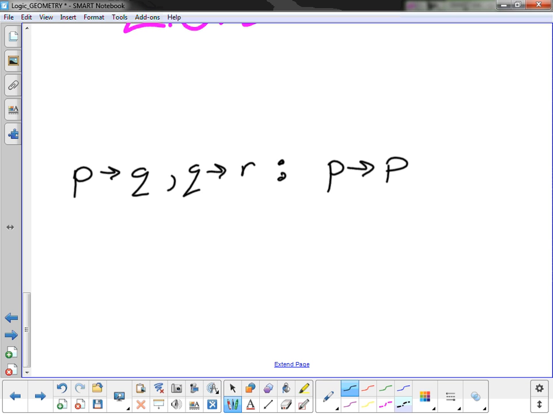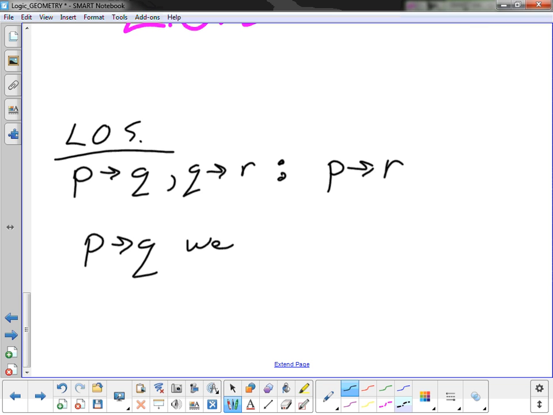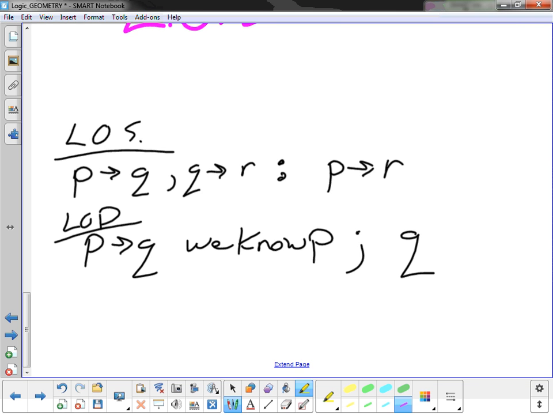That's not a very good R, and I wrote a P. Where the law of detachment, again, is P implies Q, and we know P. So that must mean Q is our conclusion. Those are the two laws that you have to be able to work with today. They're the basis of really getting deductive reasoning going for us.